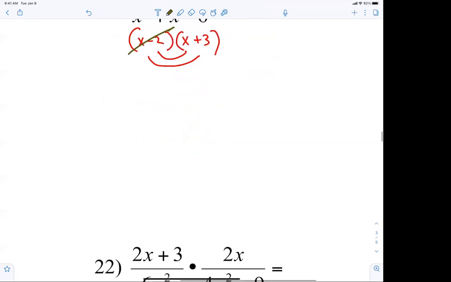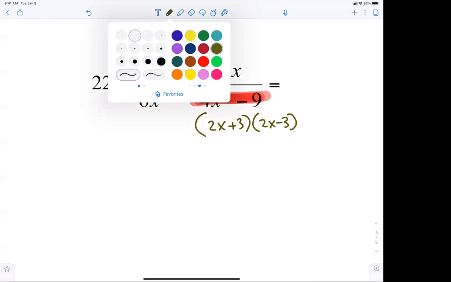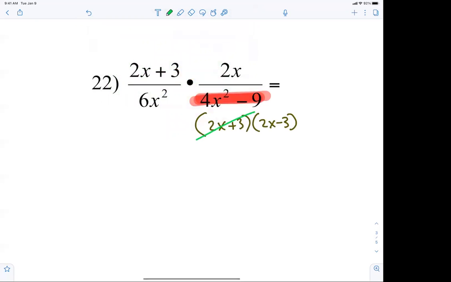All right, here we go. Looks to me like the only one that can factor is 4x squared minus 9, right? So 2x plus 3 and 2x minus 3. And now we can just say 2x plus 3 cancels, right? Now be careful, the 2 and the 6, 1 and 3.